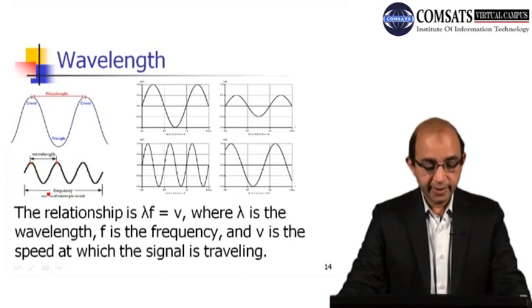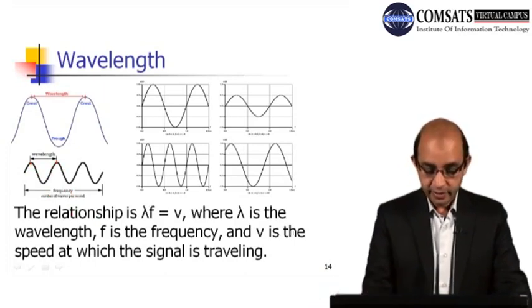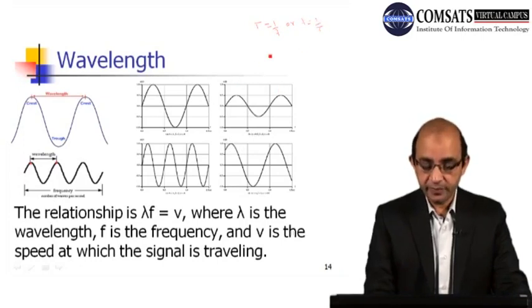So this is the wavelength. We already have the relationship that T is equal to 1 over F, or F is equal to 1 over T. That is the relationship between time and frequency.